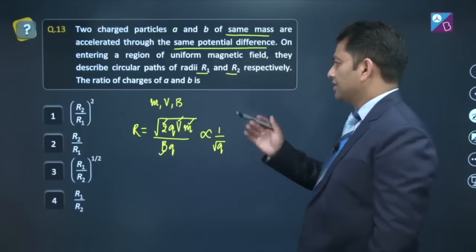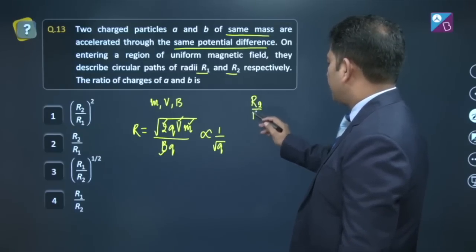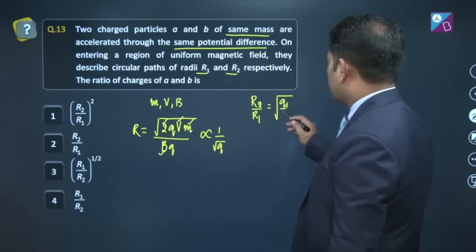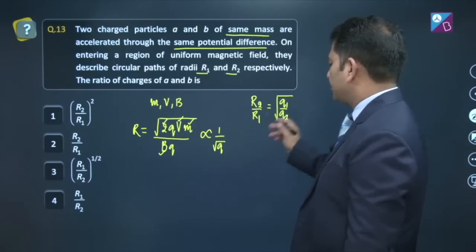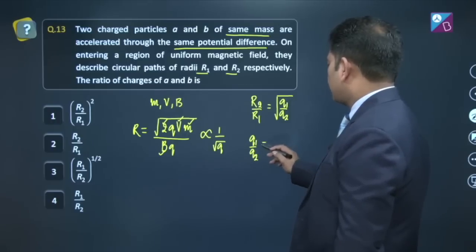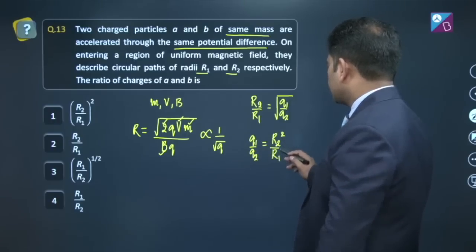I think now you got the way. Charges का ratio निकालना है, that means r2 by r1 will be equals to under root of q1 by q2, inversely proportional to square root है. निकालना था हमें q1 by q2, so that will be equals to r2 square upon r1 square.